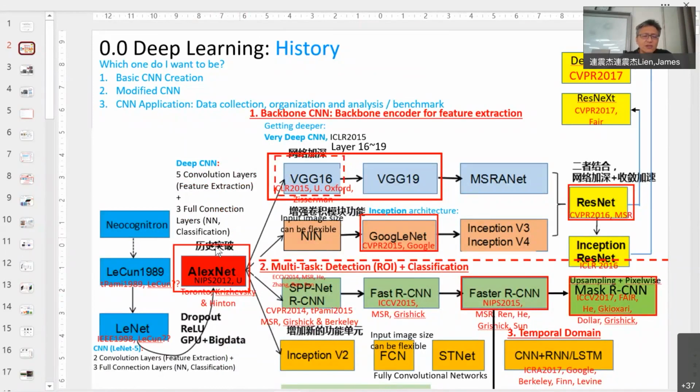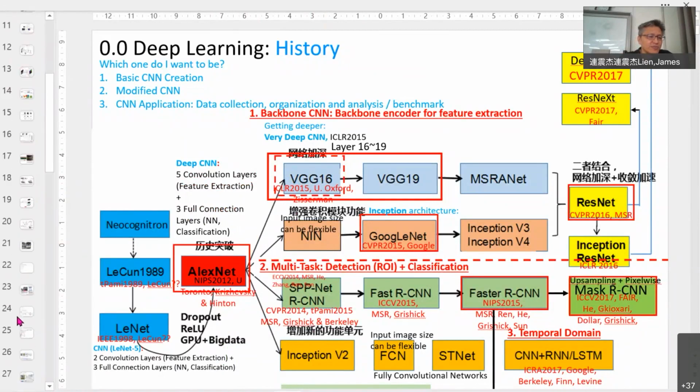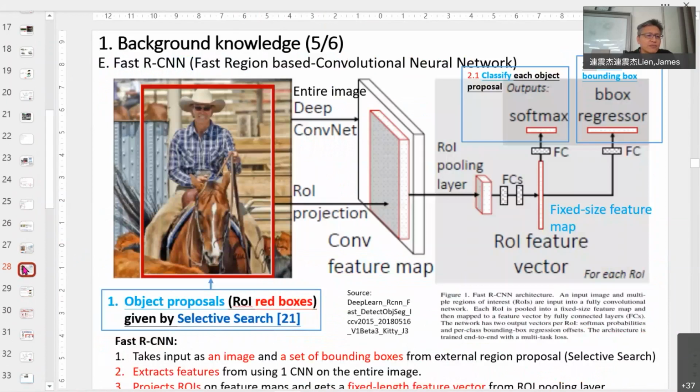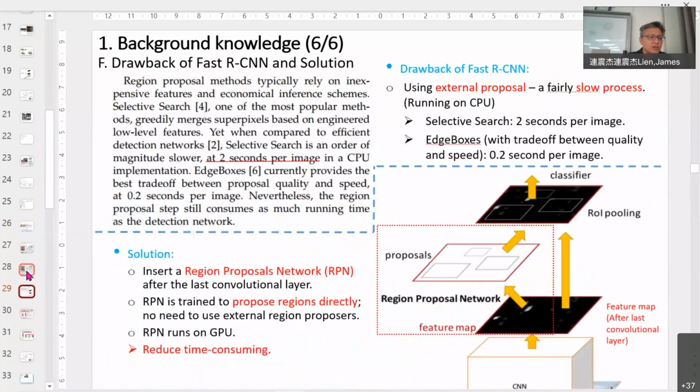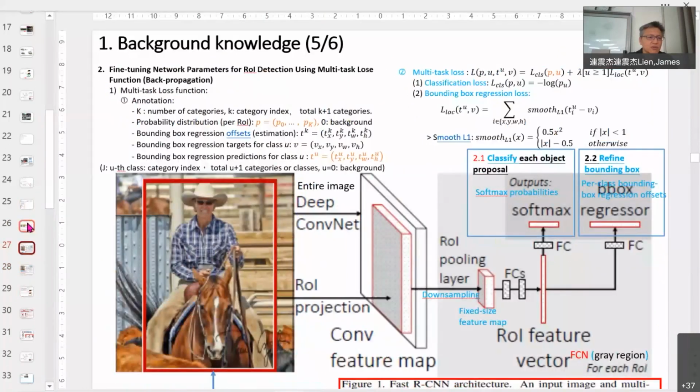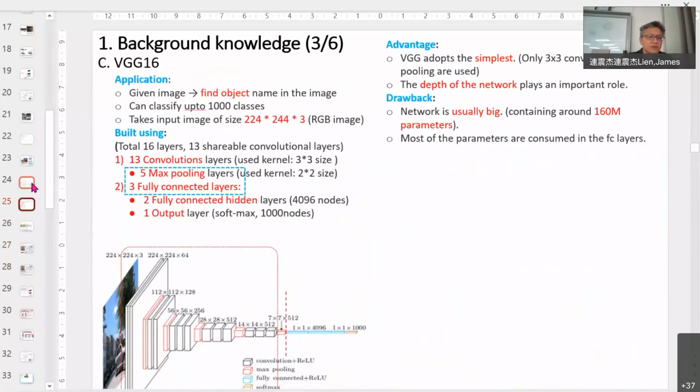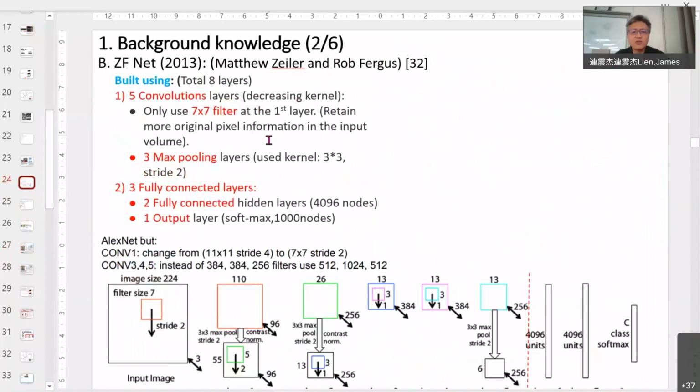VGG16 is more famous than that one, so people talk about VGG16 and we almost all know it. Before VGG we already talked about the 5+3 here, but we don't talk too much about it.